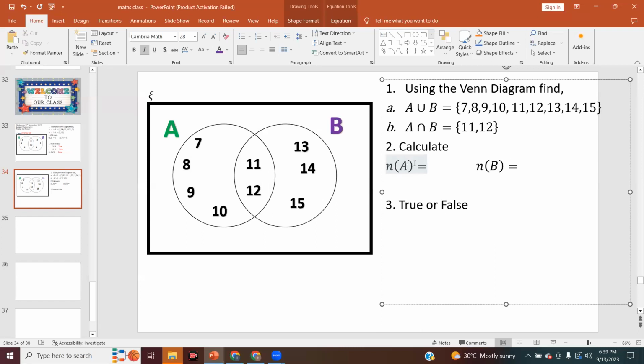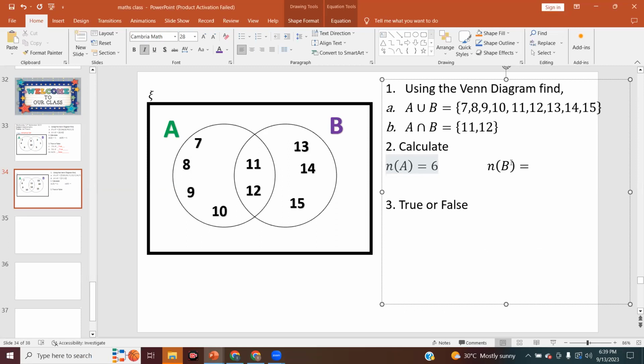Okay, those are the elements, but what is the number of elements in A? Like how much is inside of it? 6. 6, very good.